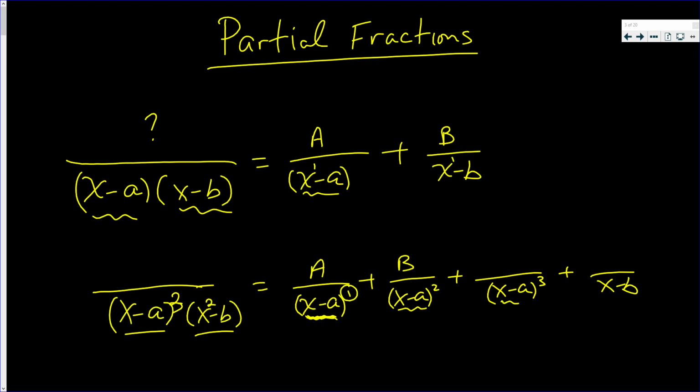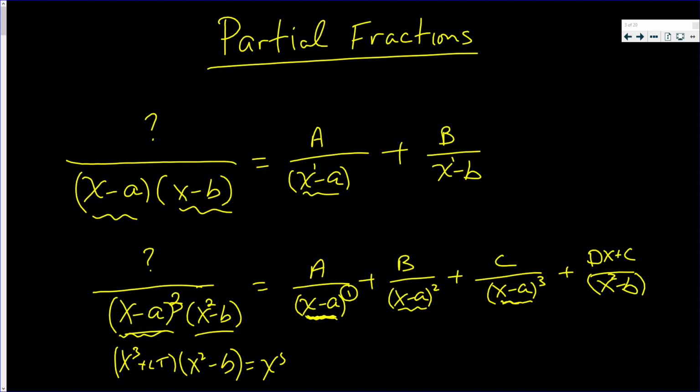Let's even make this x squared. In here it's linear, you write down a constant. Here, what's in there is quadratic, so you write a linear, dx plus c. And as long as what's here is not degree 5 or bigger, because when you FOIL this out, you're going to have an x cubed plus lower terms, and when you multiply it by x squared minus b, you're going to get an x to the 5th.